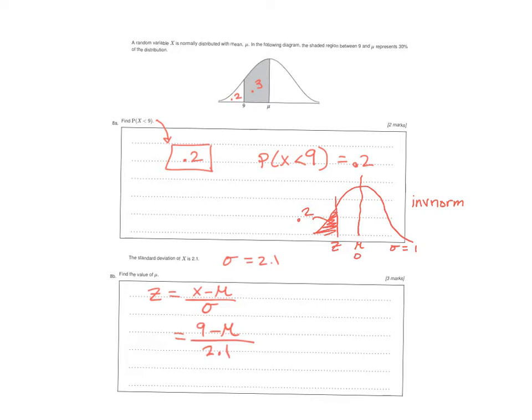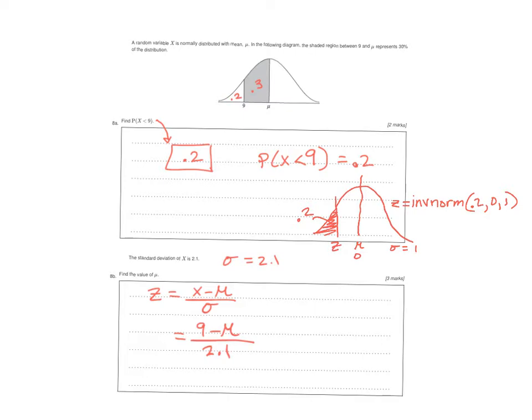So you're going to go to second distribution. You're going to go to inverse normal. For area, we're going to put 0.2. And we want to know the z-score, so we're going to put 0 for the mean and 1 for the standard deviation. And that is going to give us the z-score.